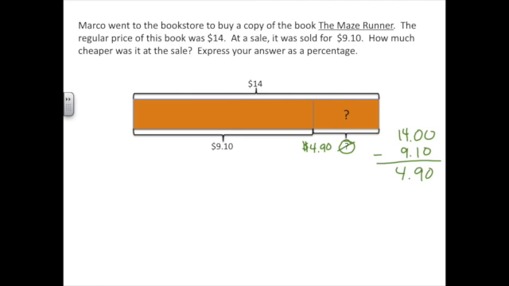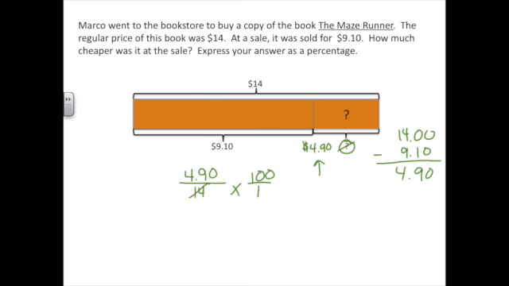Next, I want to find what percentage $4.90 is of the whole amount, because I want to express this number as a percentage. To do that, I'm going to say $4.90 out of $14 times 100%, because I want to multiply it times 100 to convert it into a percentage. Now I can cross cancel.